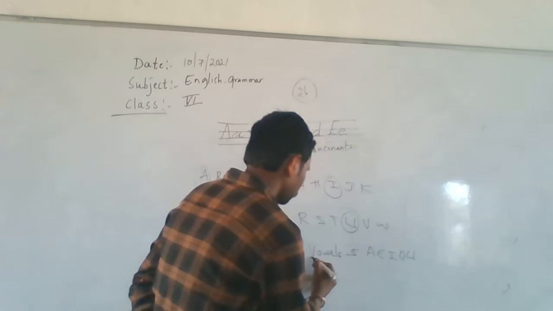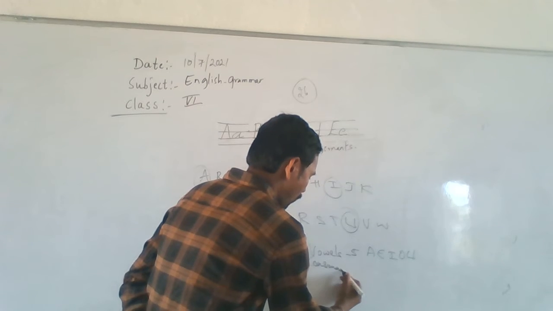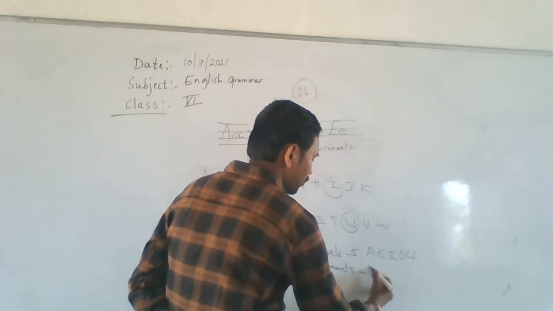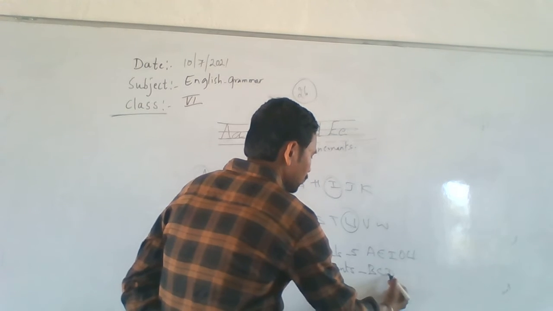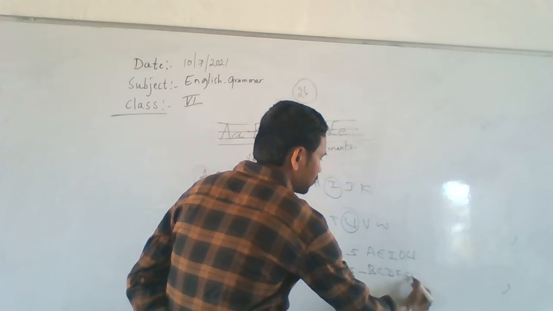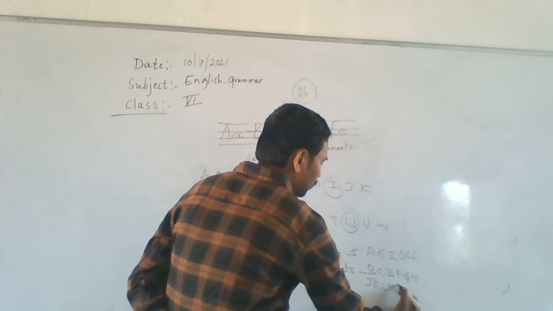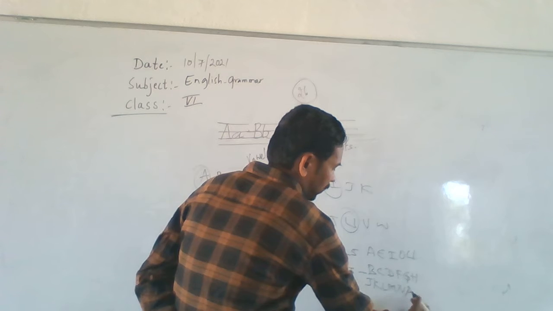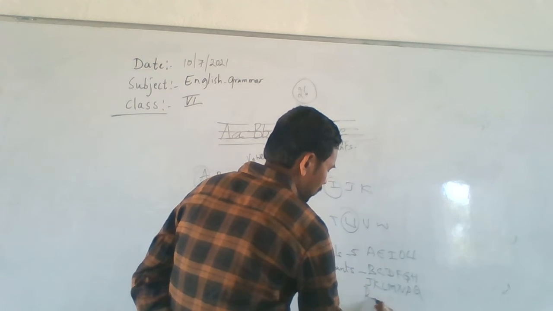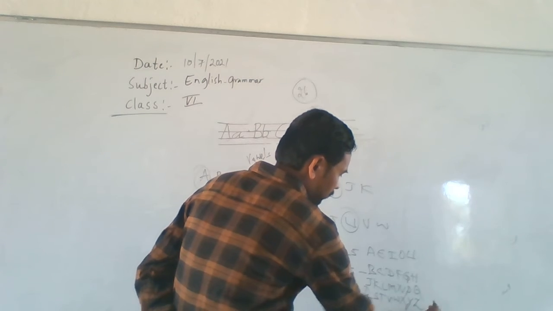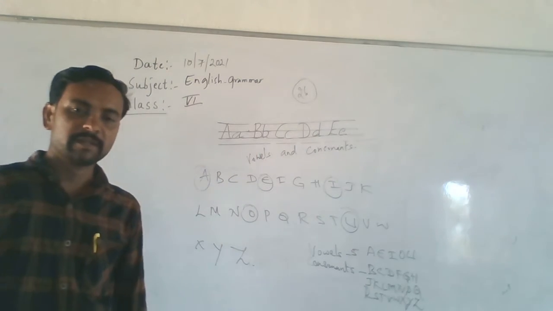Okay, consonants. What are the consonants? Just write B, C, D, F, G, H, J, K, L, M, N, P, Q, R, S, T, V, W, X, Y, Z. See that.